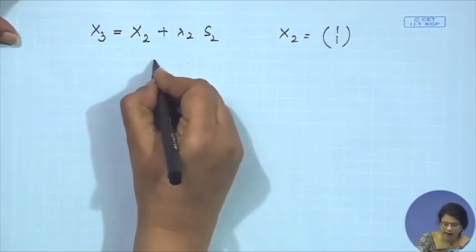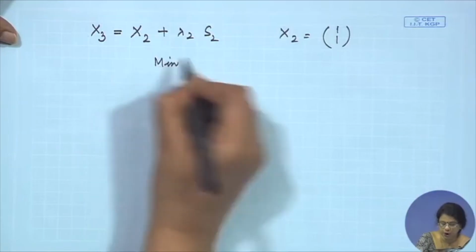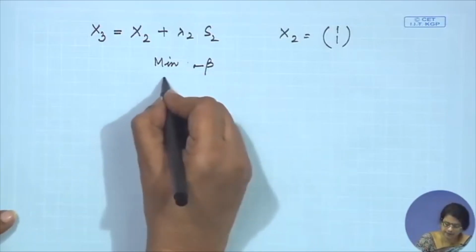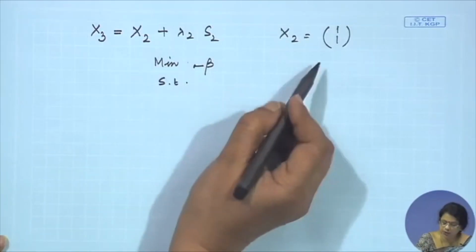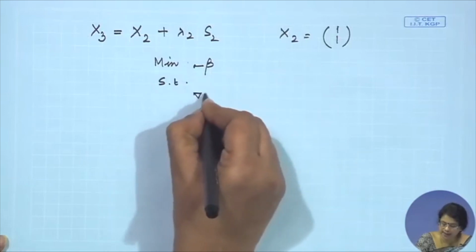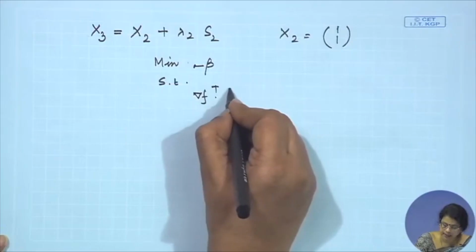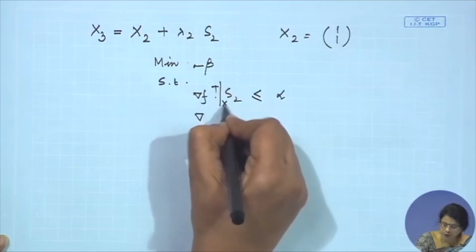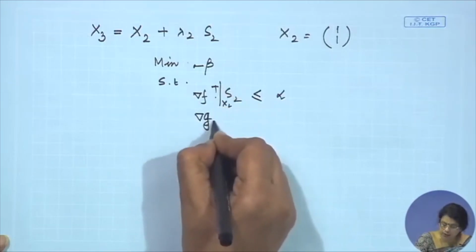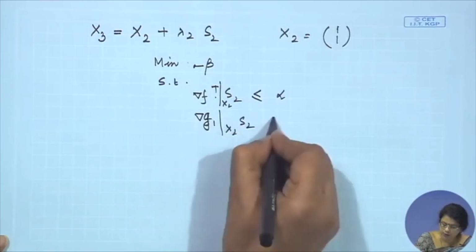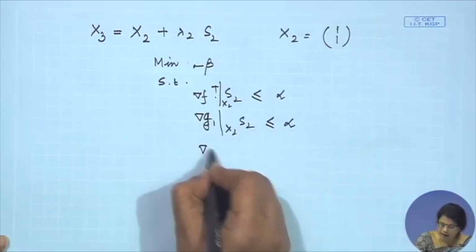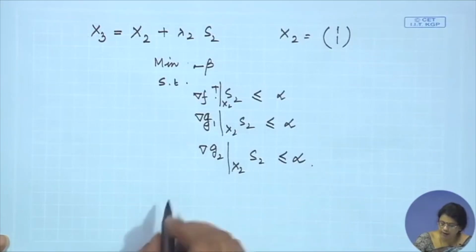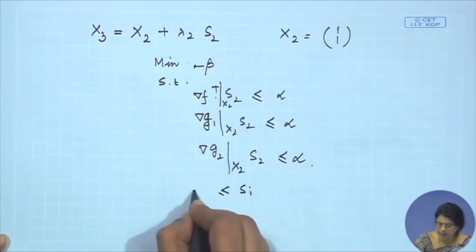That is why I have to solve minimization of minus beta such that grad f transpose S2 must be less than or equal to alpha, grad g1 at x2 must be less than or equal to alpha, grad of g2 at x2 must be less than or equal to alpha, and Si must be between minus 1 and 1.